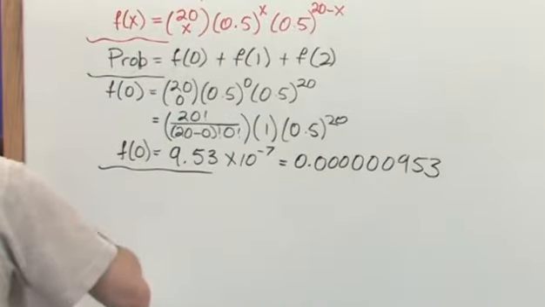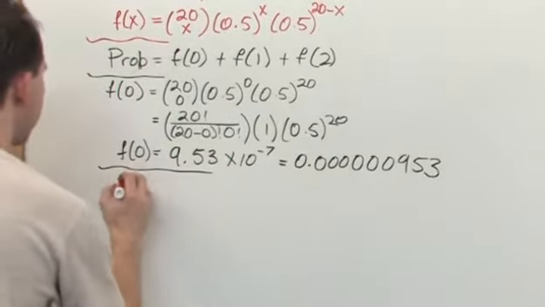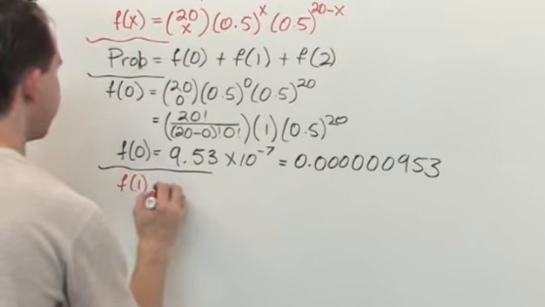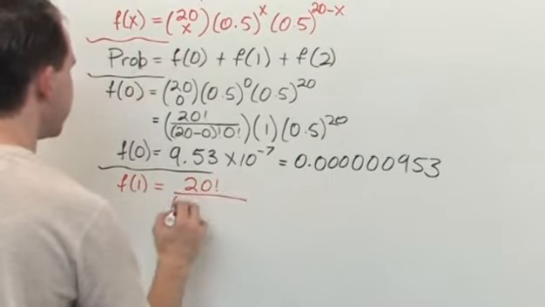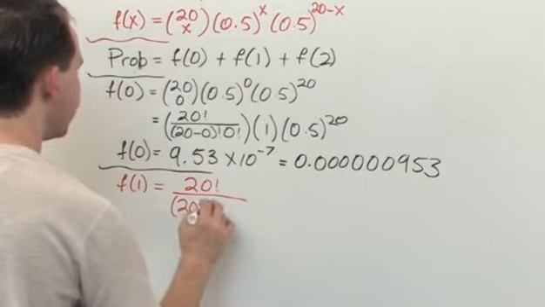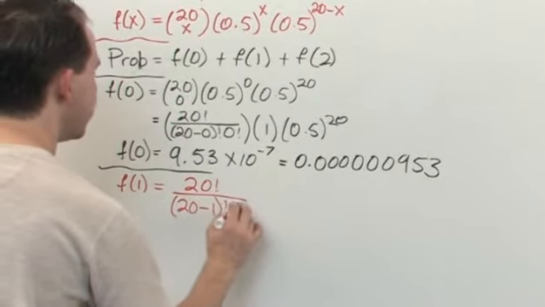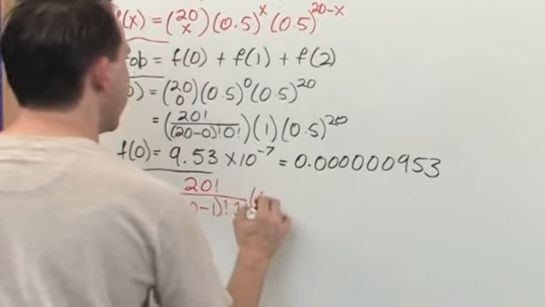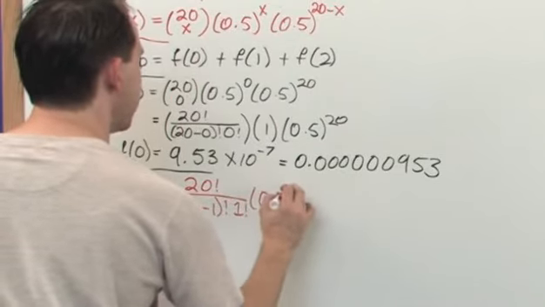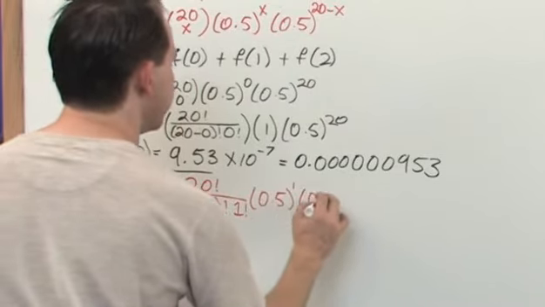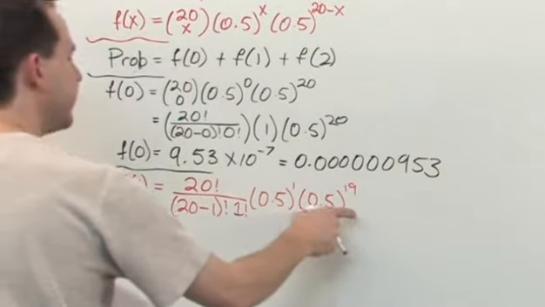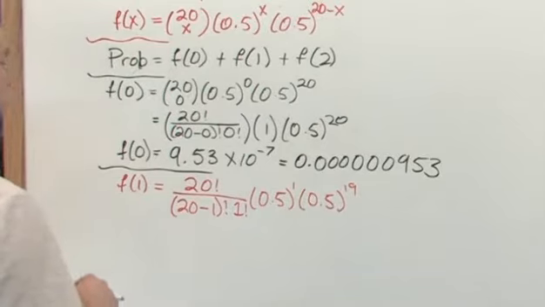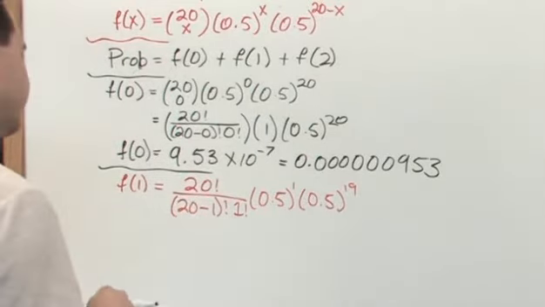Okay? Now let me switch colors for a second, and let's find the probability that they actually only hire 1 woman. It's going to be 20 factorial, because n is a constant 20, and on the bottom it's going to be 20 minus 1 factorial times 1 factorial. And then over here we have the 0.5 to the power of 1, and then we have 0.5 to the power of 19. This is my 1 person I hired as a woman, and this is my 19 people that I did not hire as women, and then here is just the number of combinations, okay?